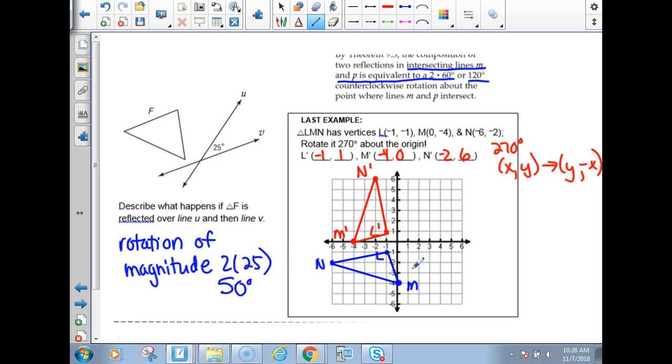And that's what it looks like to rotate 270 degrees about the origin. If you follow what I'm pointing at, I'm going to go from M all the way, see 90, 180, 270.